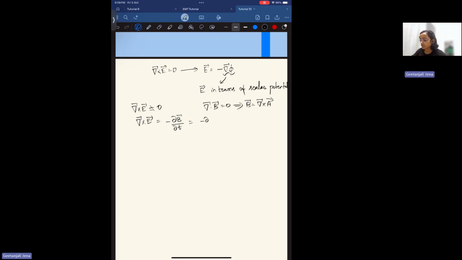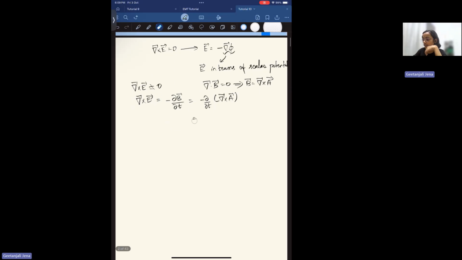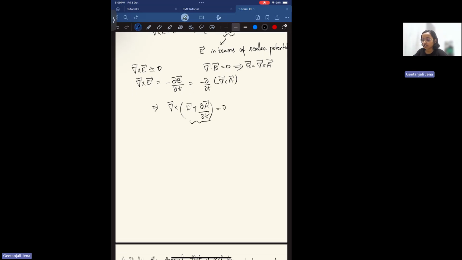So if you put this here, we have curl of E plus dou A by dou t equal to 0. So instead of curl of E being 0, we have an additional term, dou A by dou t.